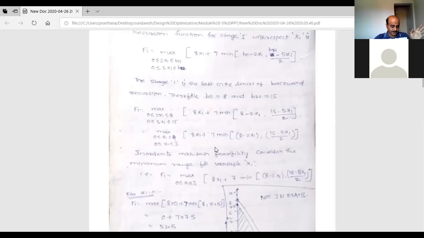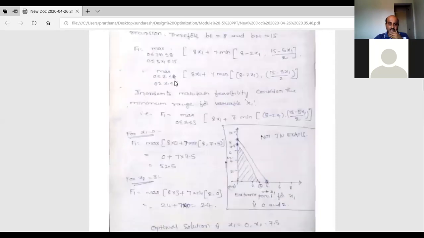In order to get feasibility, we have to consider the minimum range for the variable x1. So here x1 can have a value between 4 and 3.